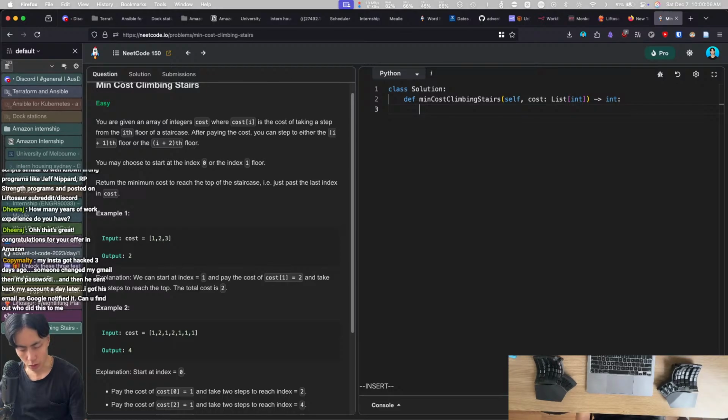And then you would -1 again from the last step before the very top, and if that cost is less than the cost of the 2 steps, then you would update that value. If that isn't the case, then you wouldn't update it, and you would continue going down the steps.